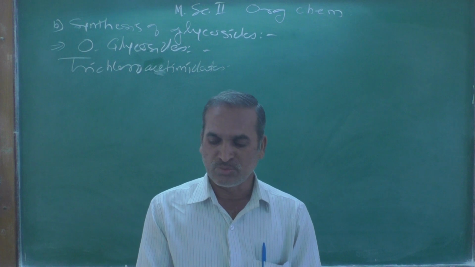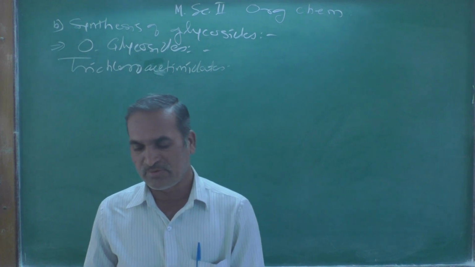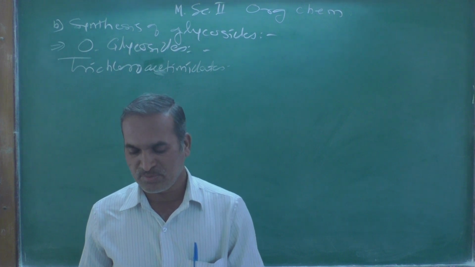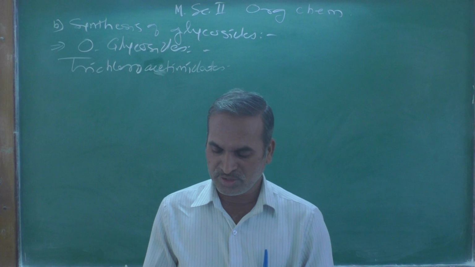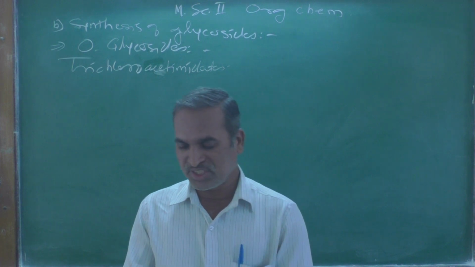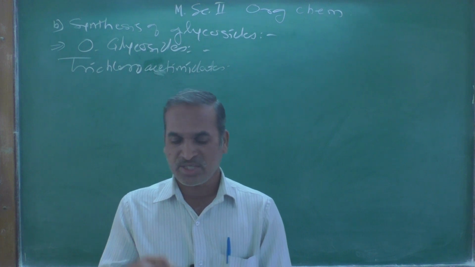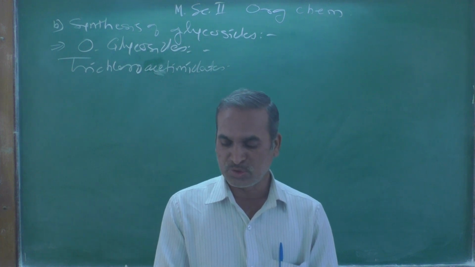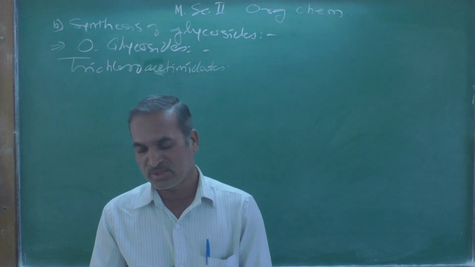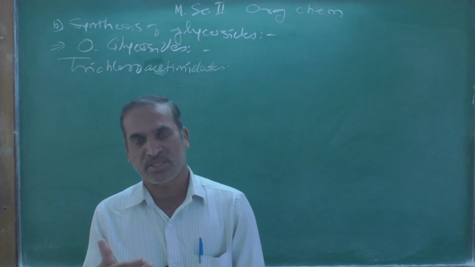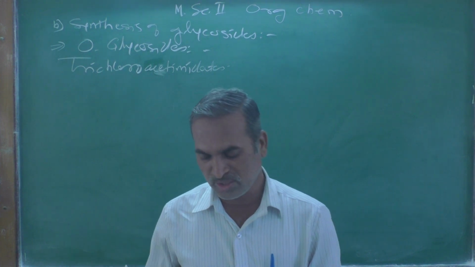High yields were achieved by using a specially developed high vacuum system for glycosylation under anhydrous conditions. Trichloroacetimidates have also been used for the glycosylation of more complex carbohydrate acceptors, that is scheme number 4, which we are going to see shortly.